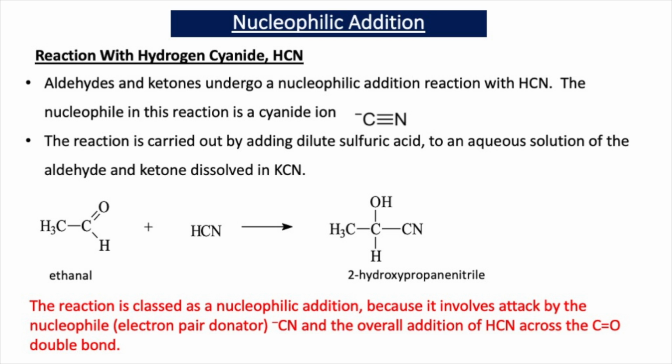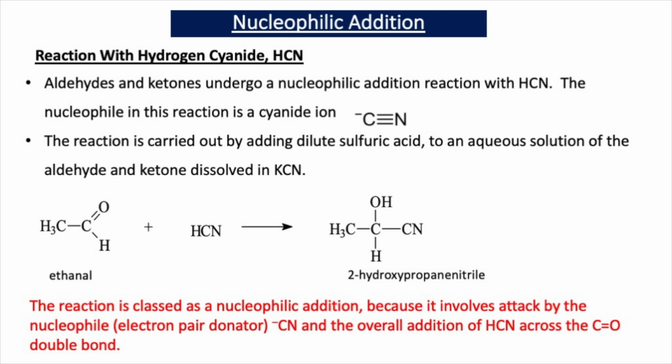Now it's also worth mentioning that in the product that forms, 2-hydroxypropanenitrile, there's a carbon attached to 4 different groups. We have a CH3 attached to the carbon, a CN attached to the carbon, an OH attached to the carbon, and a hydrogen. Now this is a chiral center, so therefore 2-hydroxypropanenitrile will exhibit optical isomerism. Now the compounds that form in this reaction exist as racemic mixtures or racemates.